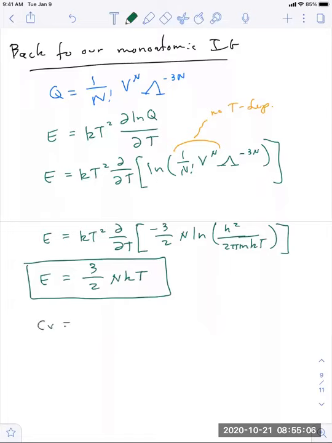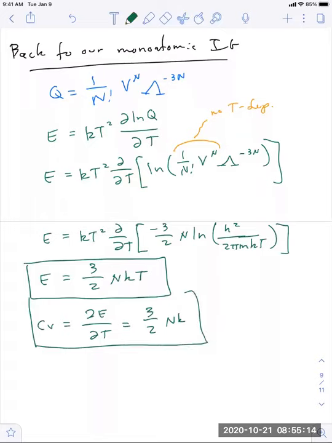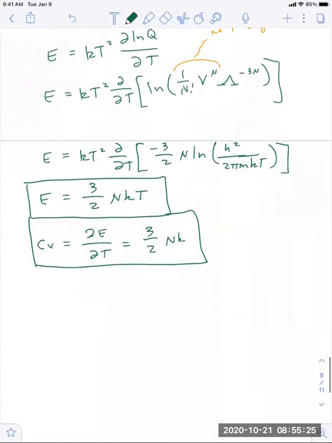So we know the specific heat is then the partial derivative of the energy with respect to temperature. And so that just equals 3/2 nk. So this is a pretty famous result in the statistical mechanical world.